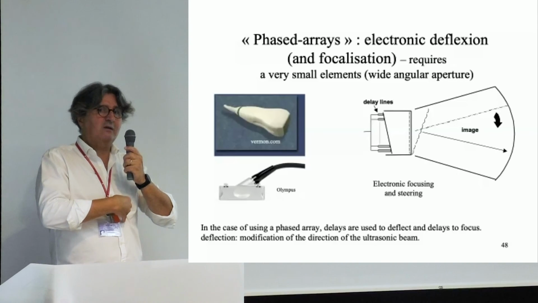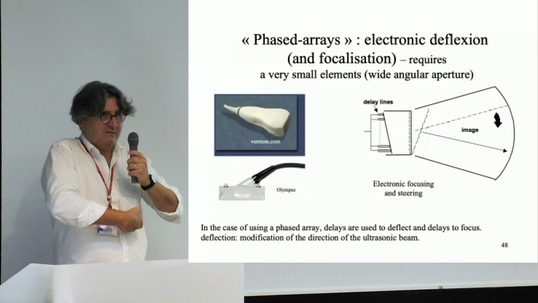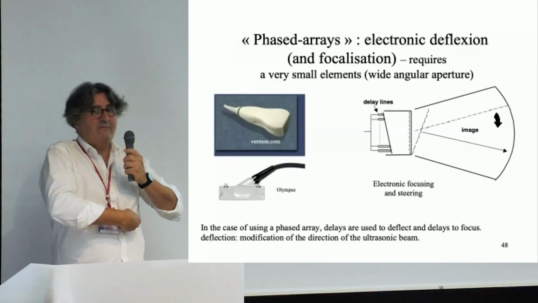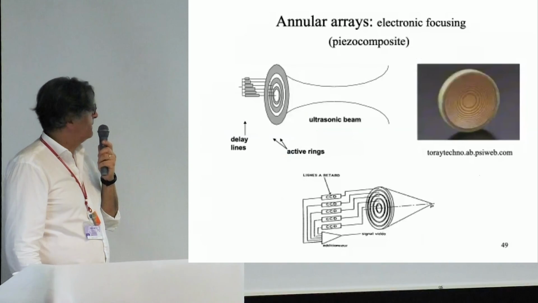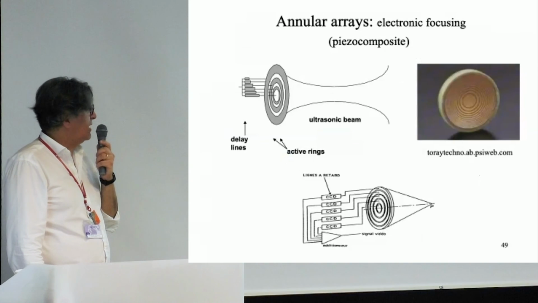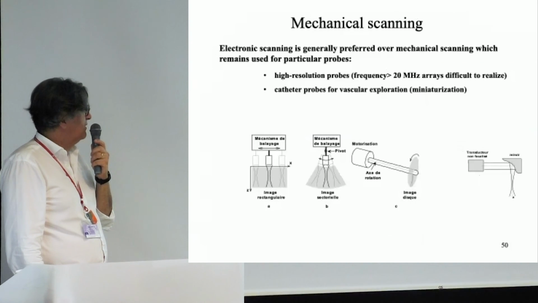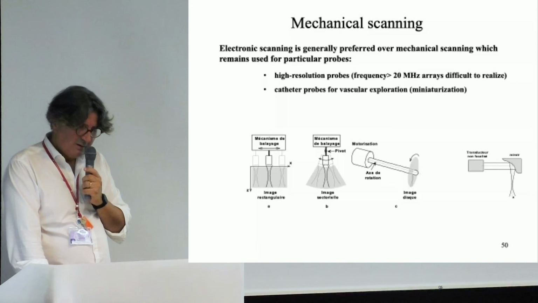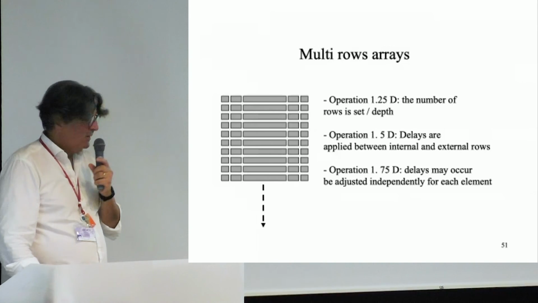You cannot access the heart directly, so you have to enter under the costal margin, and then you have to use a phased array transducer. You can have some annular arrays also, more for medical applications, and various techniques for scanning. I have already talked about that. And you have also multiple row arrays.